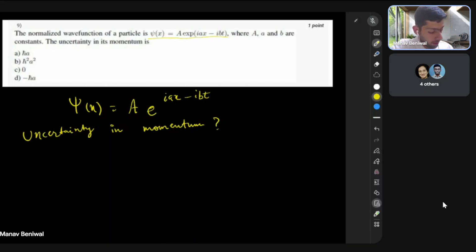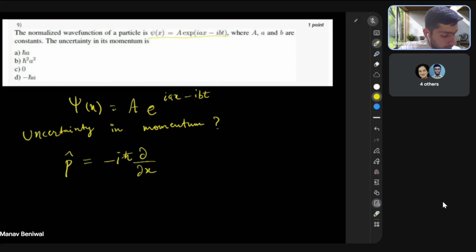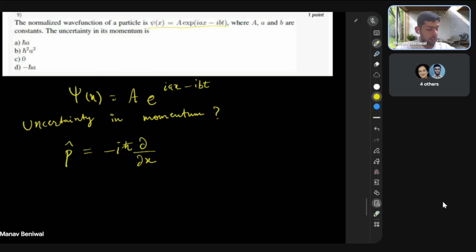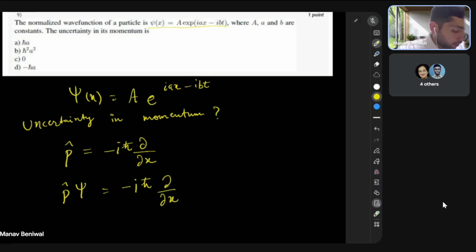So first of all, let's write our momentum operator. We know that our momentum operator is this one. And then let's see what happens when we apply it on our wave function. So let's do p of psi. So our p of psi will be minus iota h cut, and then take the x derivative of psi of x.